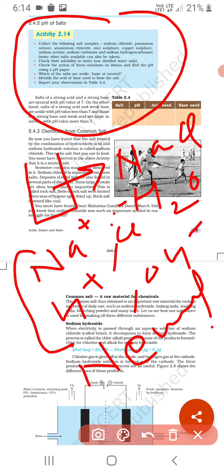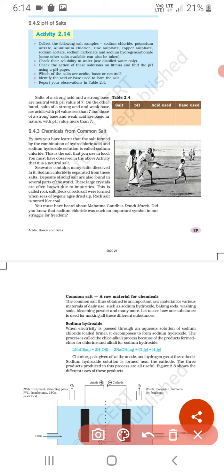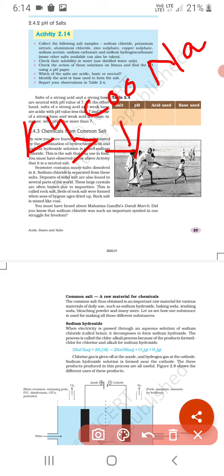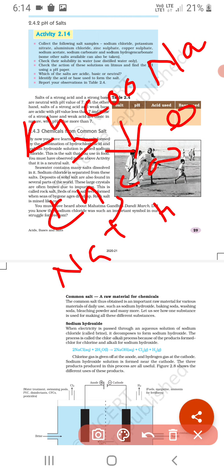Now let's take the example of another salt. We have taken sodium acetate. The formula is CH3COONa. When we dissolve it in water, we have the ions CH3COO negative, Na ion, H ion and OH ion. See students, 4 ions are present, 2 are cationic and 2 are anionic by nature.